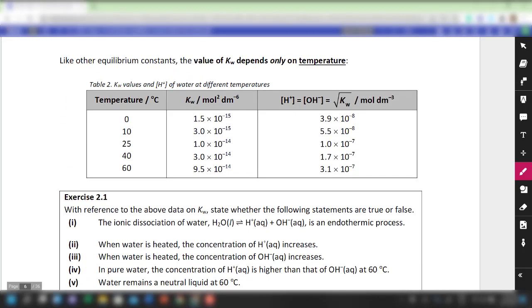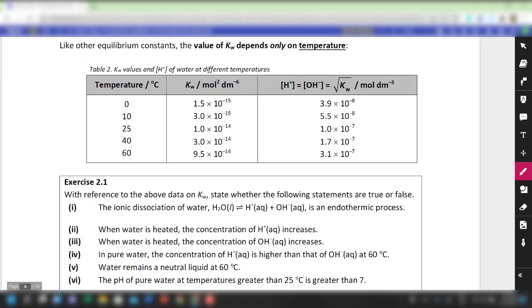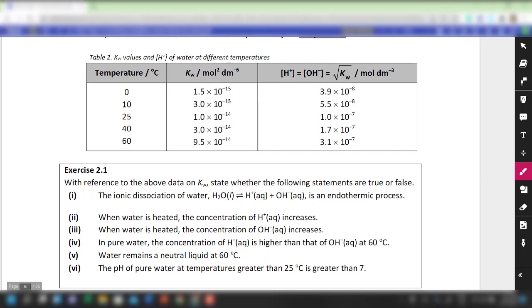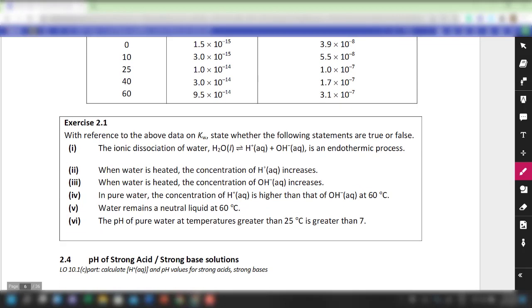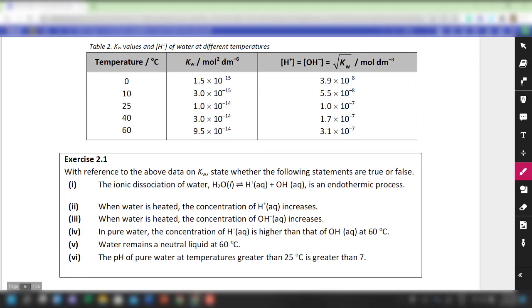I think we have a table over here which showcases the different values of the concentration of H plus. I will not go into details. If you want, you can calculate the pKw yourself.